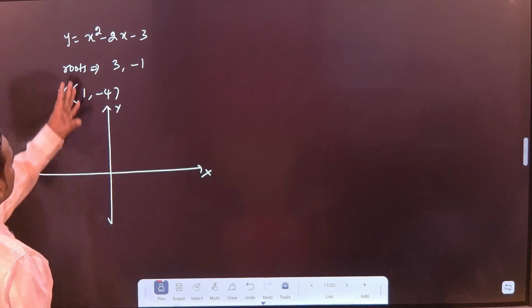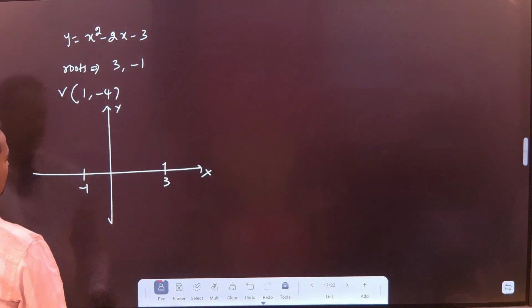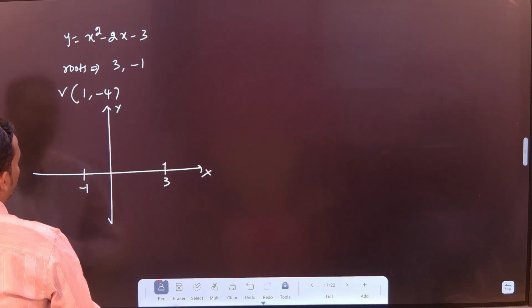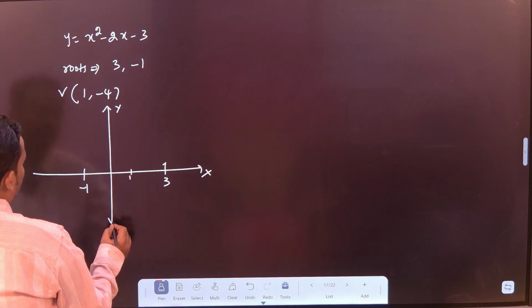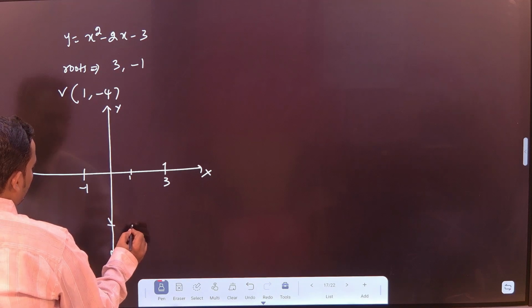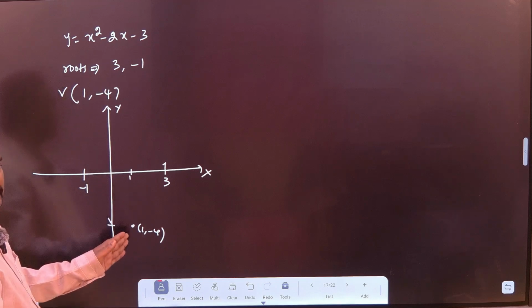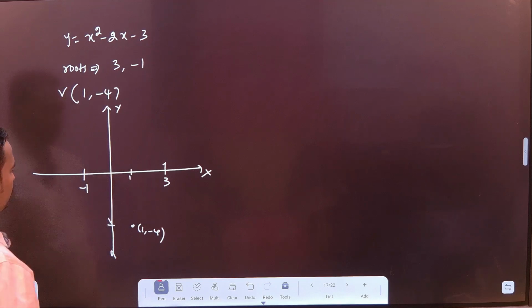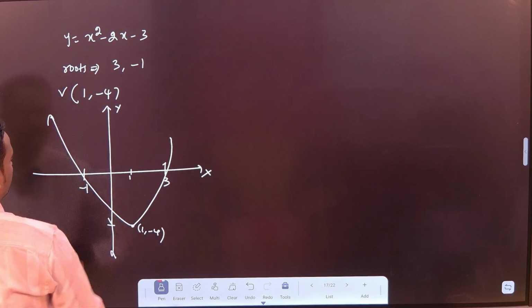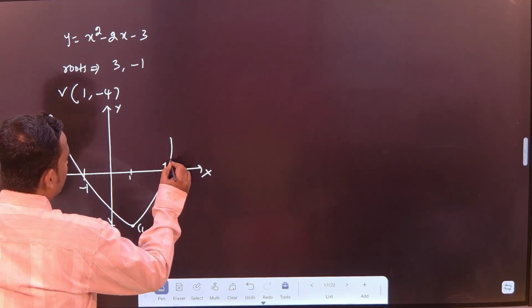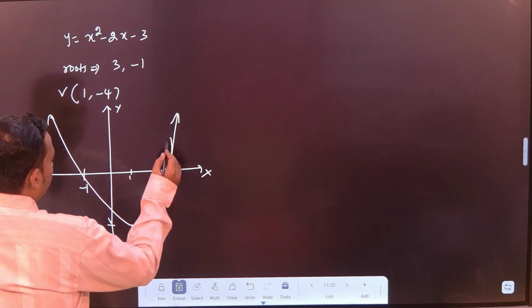This is the x-axis, this is the y-axis. So minus 1 here and plus 3 here. Okay, (1, minus 4), so 1 here and minus 4 here. It lies in the fourth quadrant, right? X is positive, y is negative. So the graph will be going like this. This is the graph. Okay, now you just have to remove this portion.